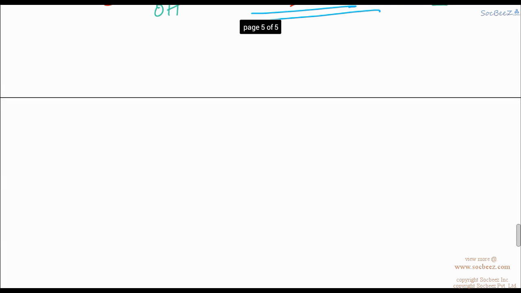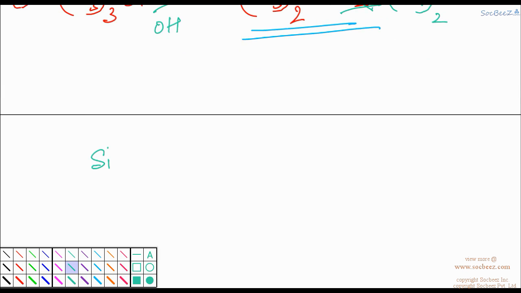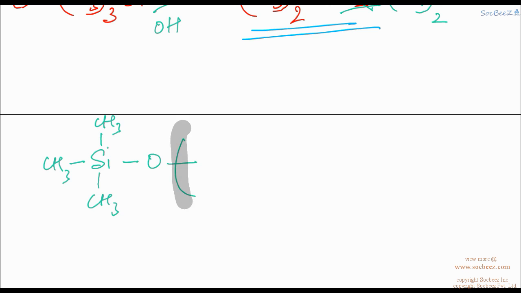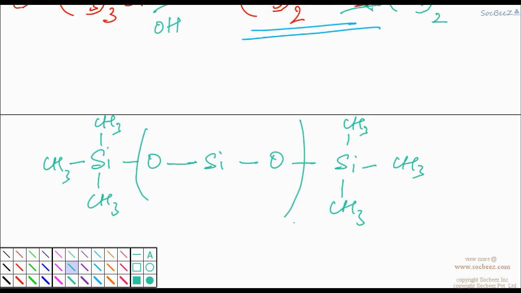A chain would be formed which would look something like this. The terminal would be Si, CH3, CH3, CH3, O. Then there would be SiO, again Si, CH3, CH3 and CH3, and this entire part would be repeated.